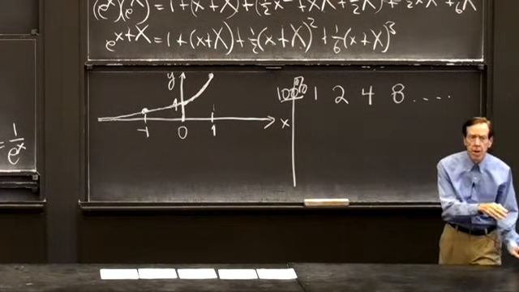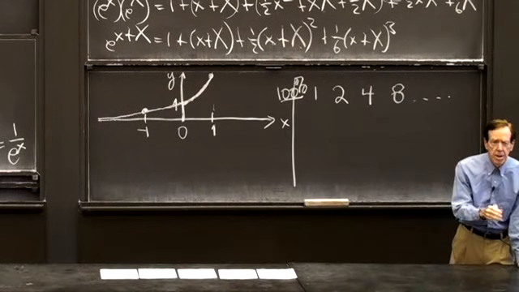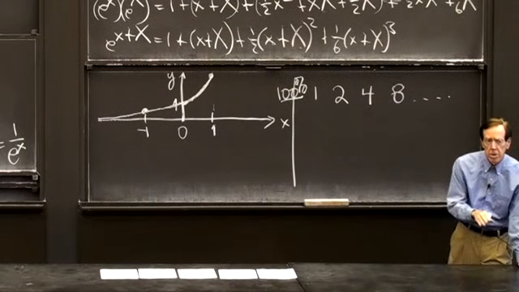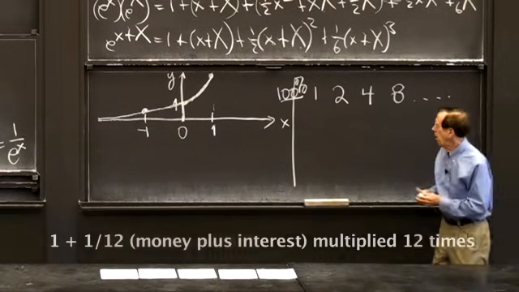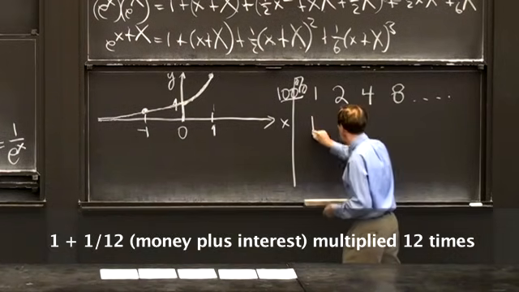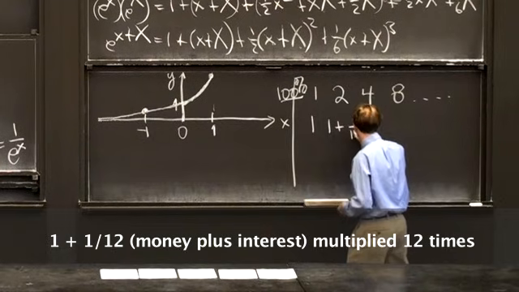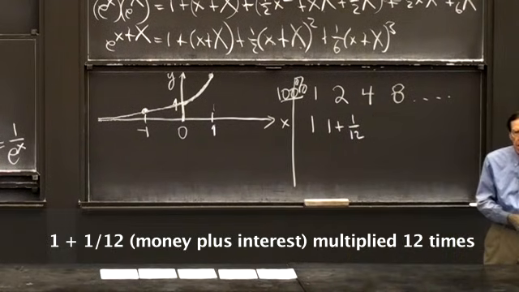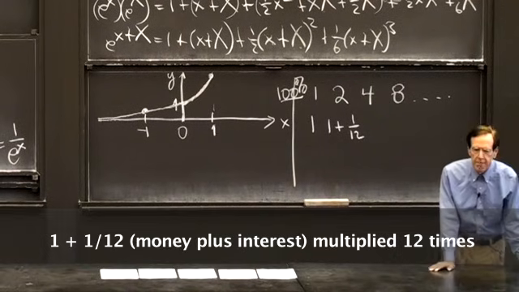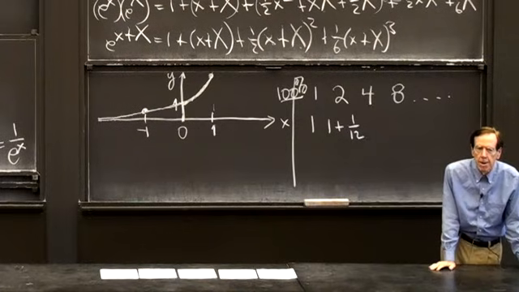Of course, you wouldn't get 100% interest in a month. You'd get 100% divided by 12, because we're only talking about 1 month. So if it was months, you start with 1. You have 1 plus 1/12. That's what you'd have after a month. Now, what would you have after 2 months, and what would you have after 12 months?